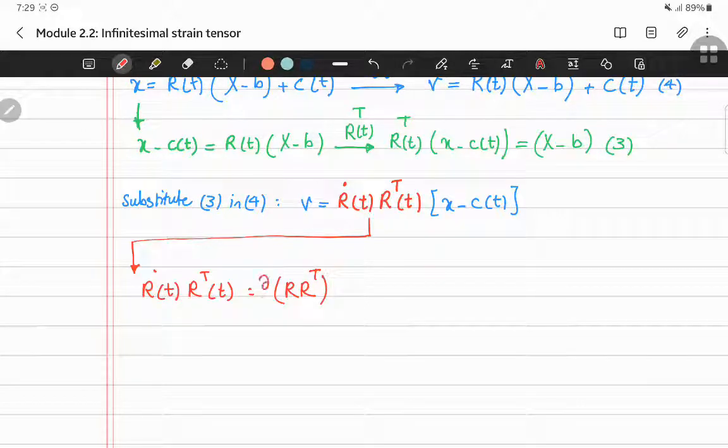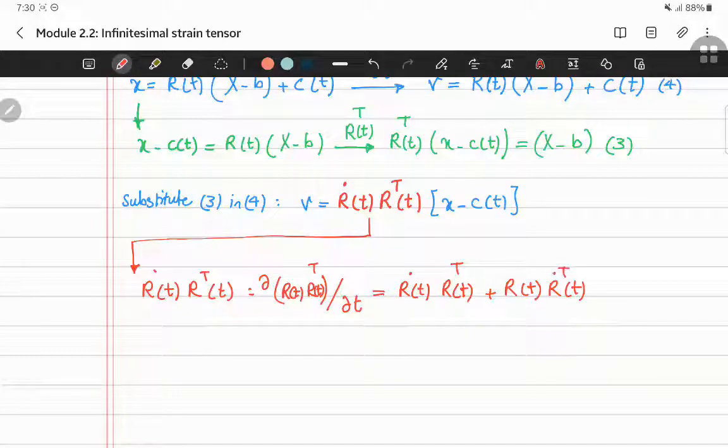And if I take this derivative with respect to time, then I get R dot(t) R transpose(t) plus R(t) R transpose(t) dot.